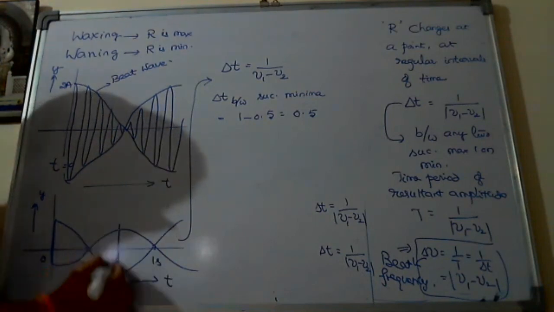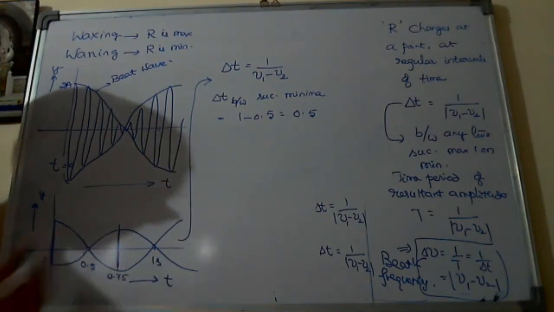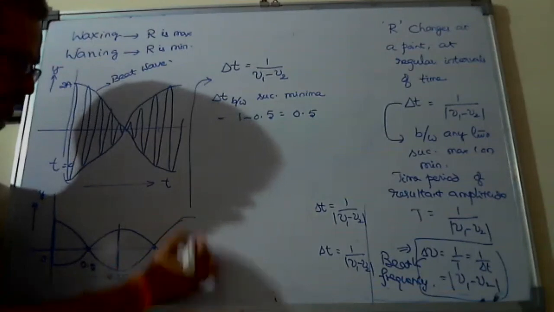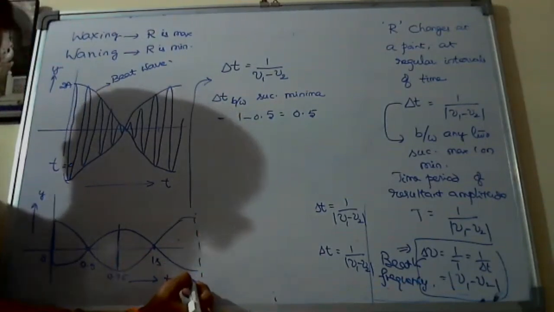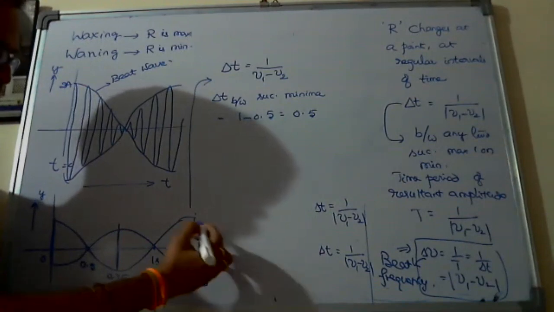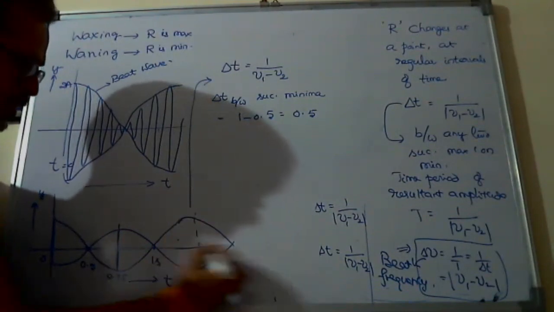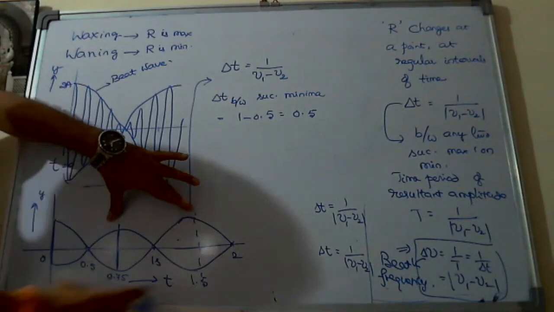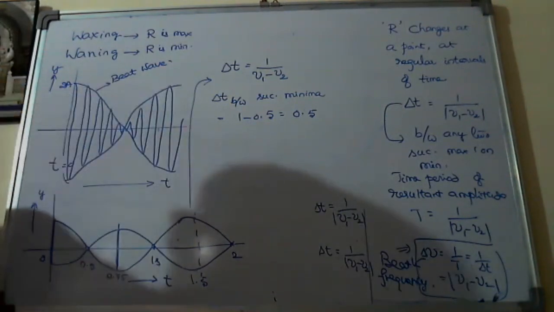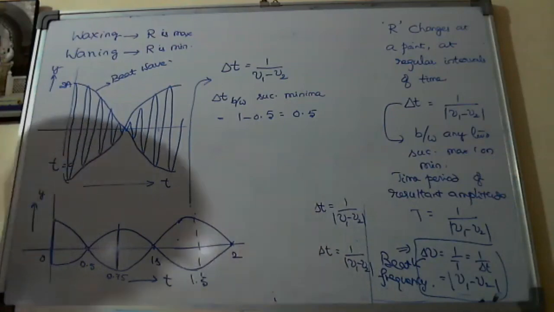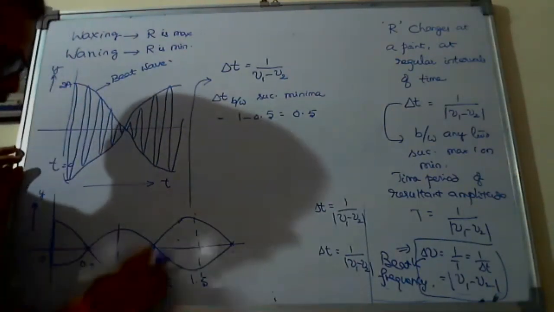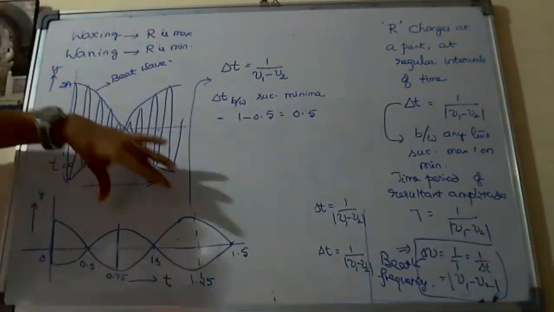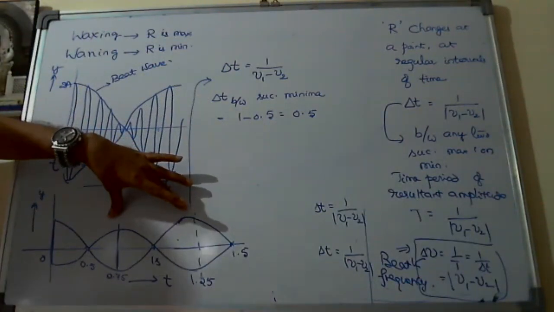This is 0.5, so the maximum should be at 0.75. Again, the maximum will appear at 1.25, and then 1.5, and this will be 2. So maximum to maximum, the difference is again 0.5.